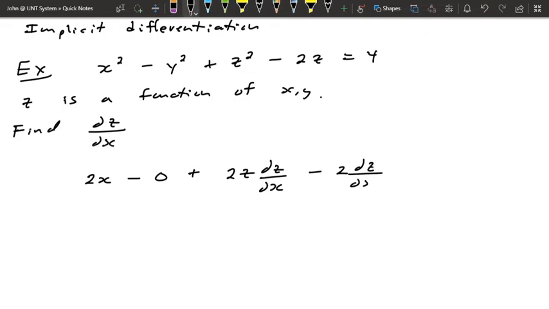Whenever you take the derivative of anything involving z, you have to use the chain rule. You take the derivative of the outside function, in this case z squared would be 2z, but you have to multiply by del z del x. The right side of the equation, the partial with respect to x, that's just a constant, so it's 0. And then we'll solve for del z del x.